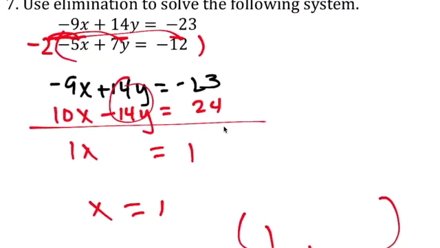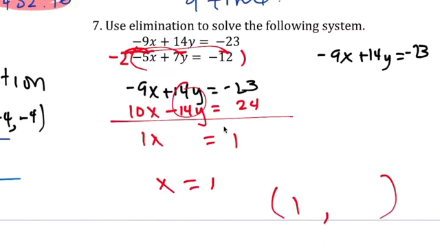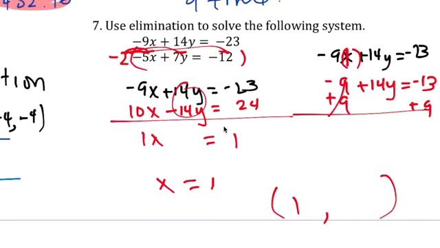So let's use negative 9x plus 14y equals negative 23. If I did it wrong, it's because I'm tired. Falling asleep. 1 times negative 9 plus 14y equals negative 14. Add 9, add 9. It gets you 14y equals negative 4. Let me check and see.